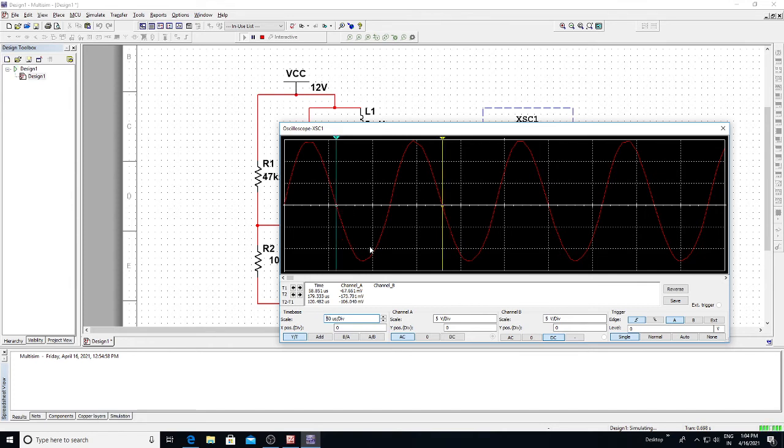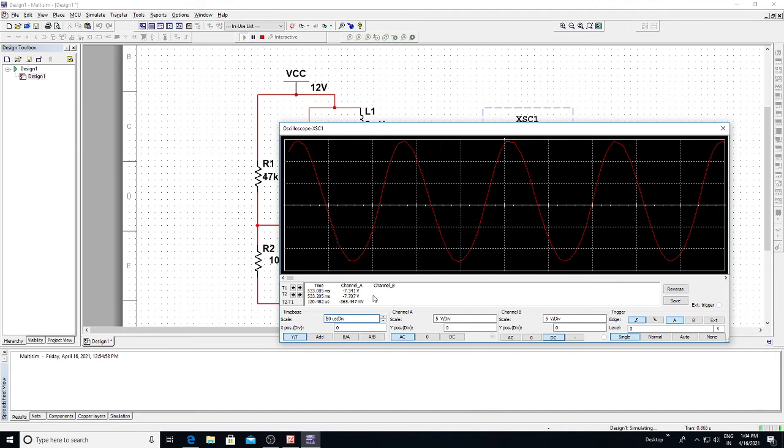Find out the practical frequency, that is nothing but 1 divided by the time period which you have got, that is 120.482 microsecond, and compare with the theoretical value, that is the formula F is equal to 1 by 2 pi root LC, where L is 10 millihenry, and C we have changed, that is 0.033.